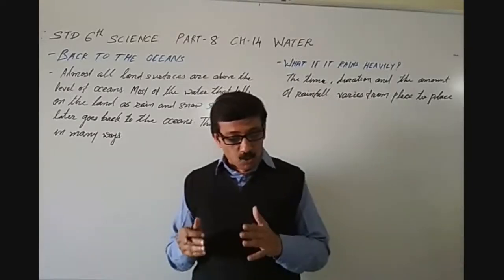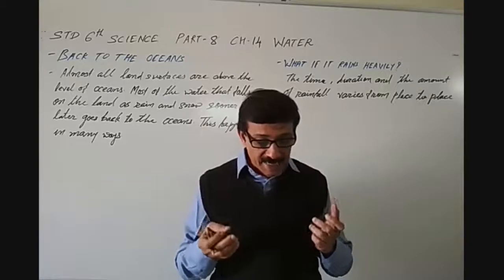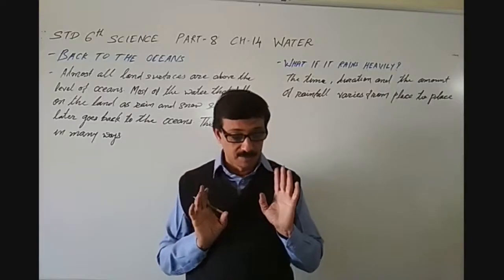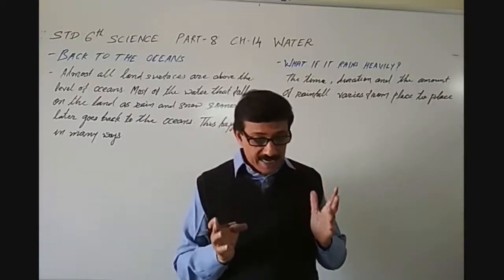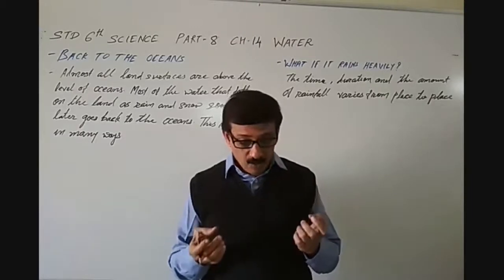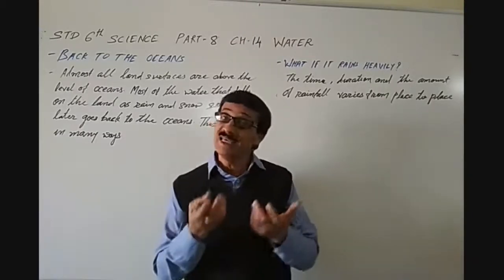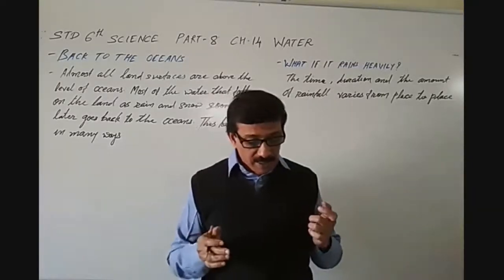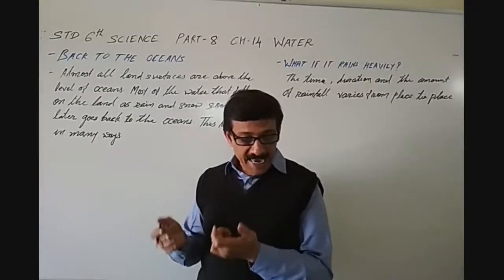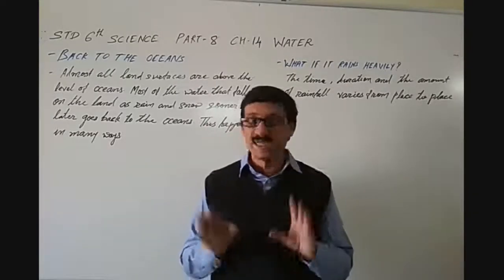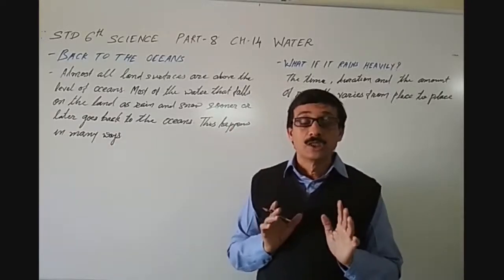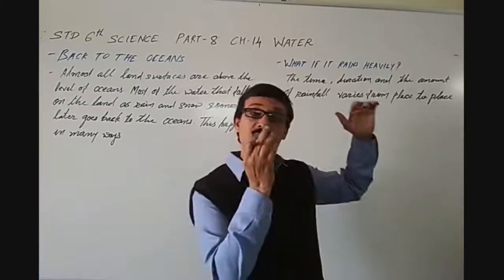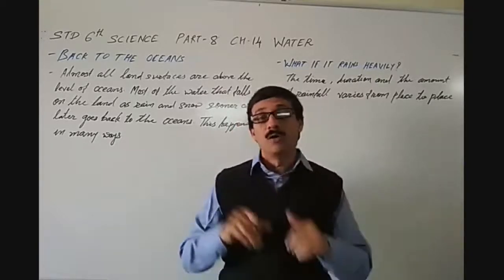A part of the rainwater gets absorbed by the ground and seems to disappear in the soil. See, this is very important. A part of the rainwater gets absorbed by the ground and seems to disappear in the soil. Some of this water is brought back to the air by the process of evaporation and transpiration. So, the rainwater, we discussed, falls on the mountain, on the ground, on the lake.